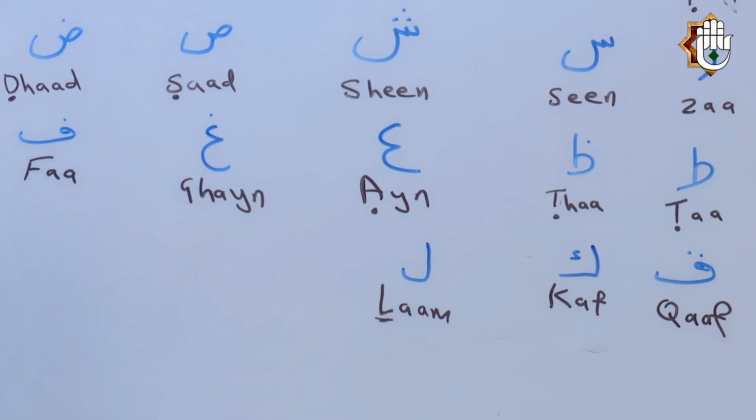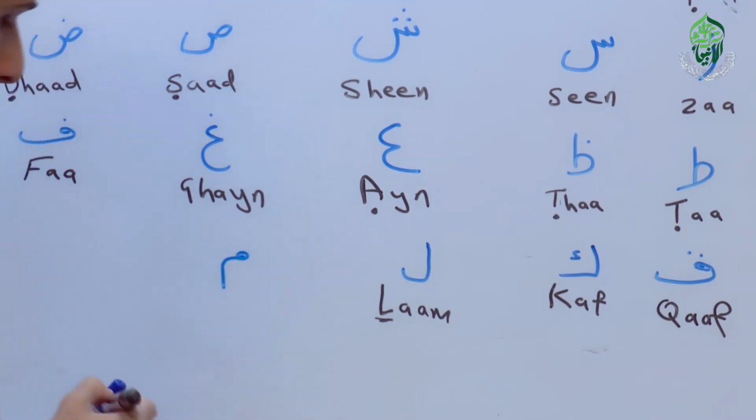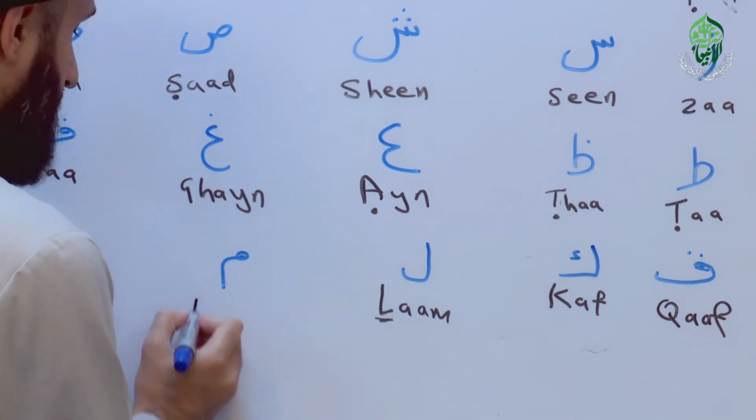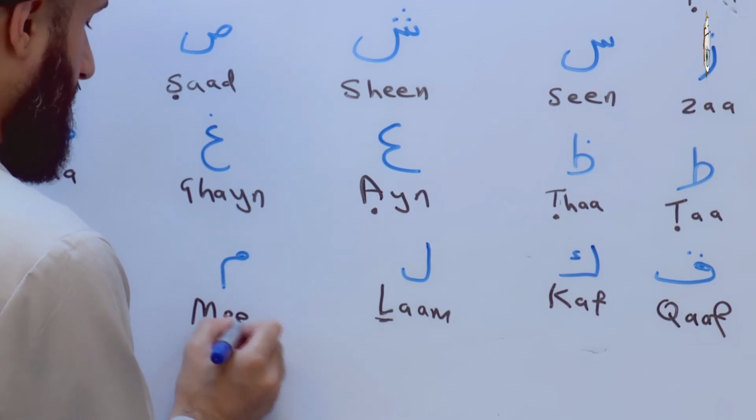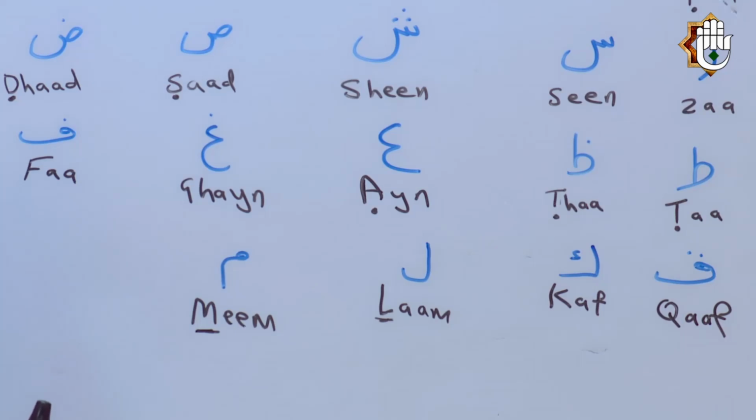The next letter we want to look at is Mim. Mim, dear brothers and sisters. This is the same as our M letter in the English alphabet, okay? Let's look at the next letter, Noon.